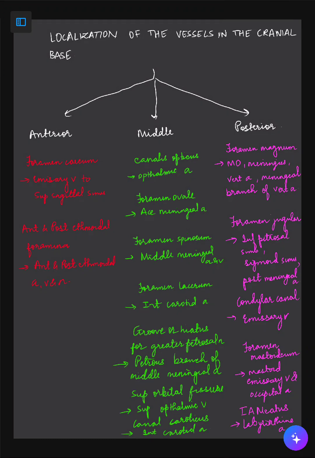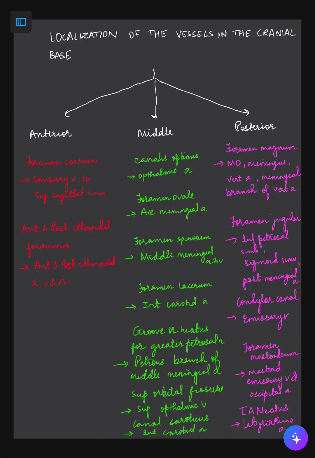Now next is the localization of the vessels in the cranial base. In the anterior, middle and posterior cranial fossa, which are the foramina and which are the vessels passing through these foramina? Into the anterior cranial fossa, there are three foramina: foramen cecum, and anterior and posterior ethmoidal foramen.